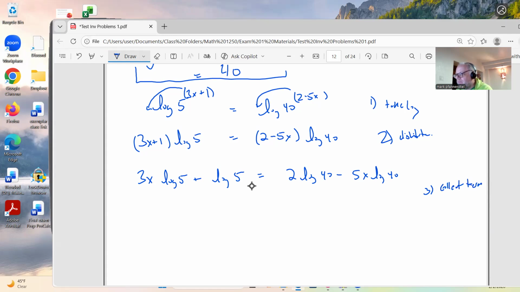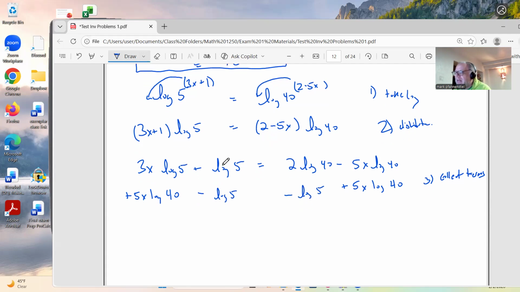Really, what I'd like to do is see everything with an x in it on the left-hand side. It could go on the right too, but it's not going to be both. I prefer to put them on the left. So we're going to add 5x log 40 to both sides, and we're going to subtract log of 5 from both sides.